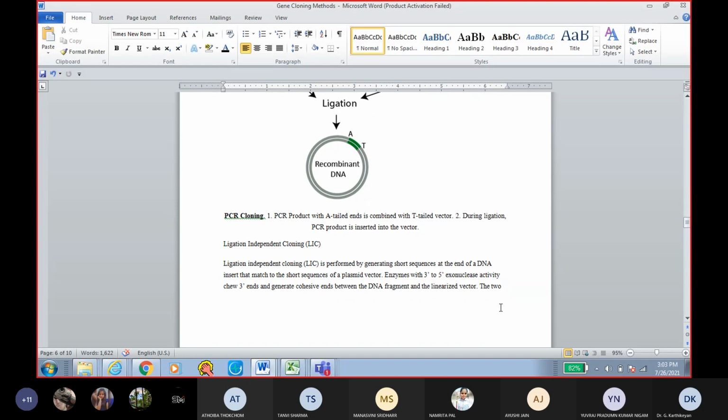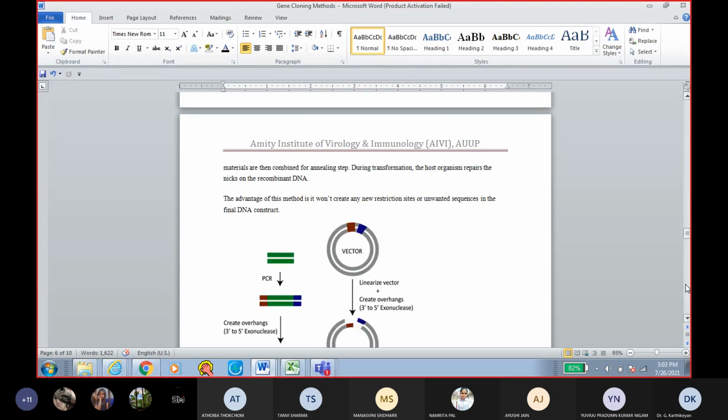In ligation independent cloning, you use exonucleases which chew up the 3' end, and they generate a cohesive end between the DNA fragment and the plasmid vector. These two are combined, which is somewhat like an annealing step. When you transform this mixture, the host ligase ligates these two products.